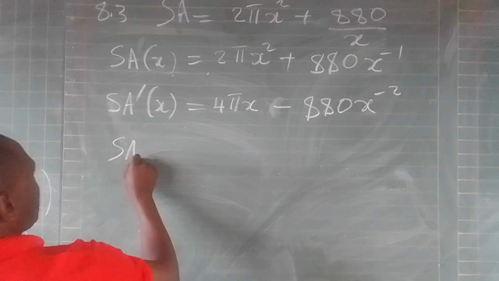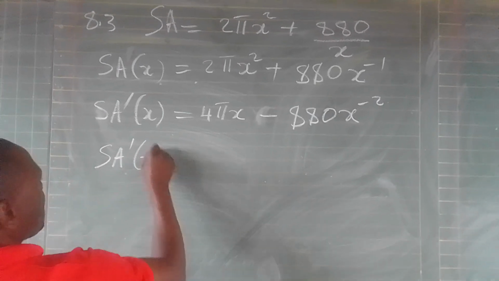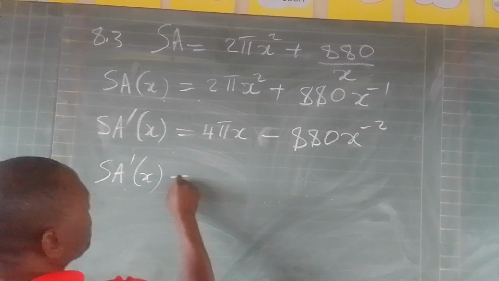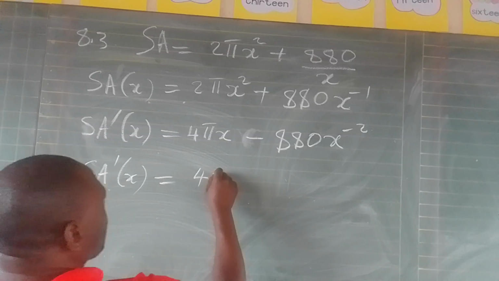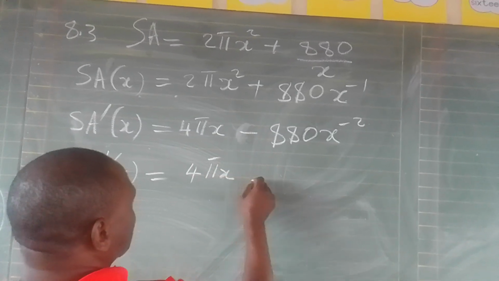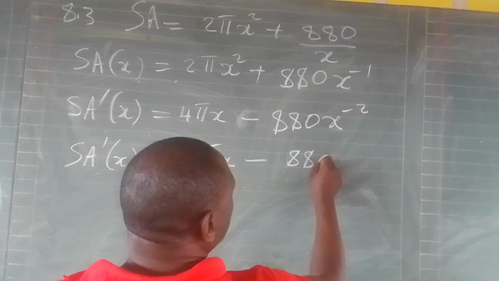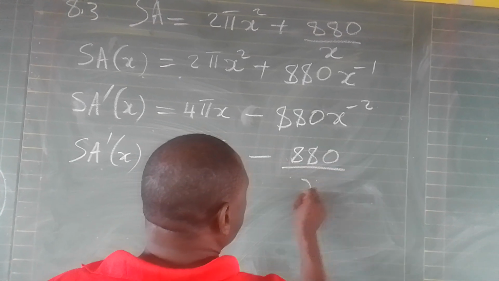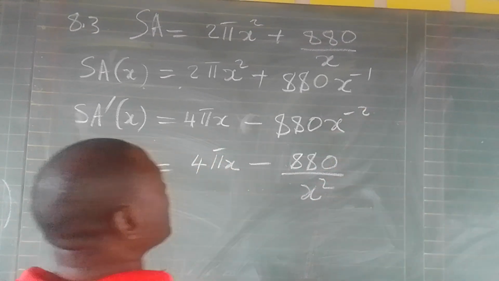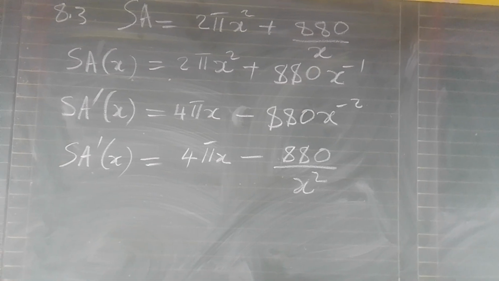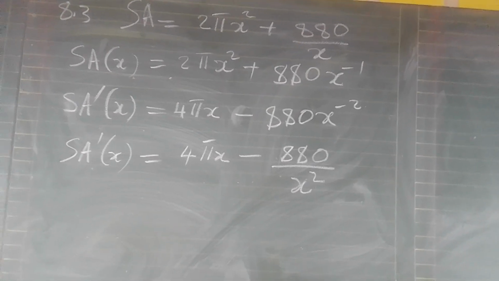Then the derivative with respect to x is going to be 4 pi x minus 880 divided by x squared. Now we're taking that x to the power minus 2 to the denominator.